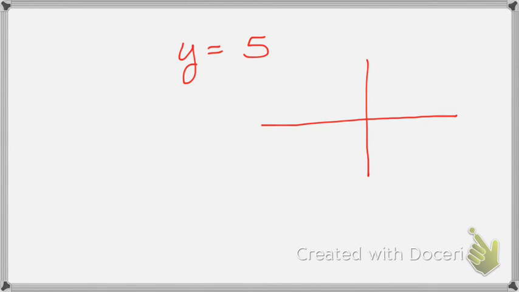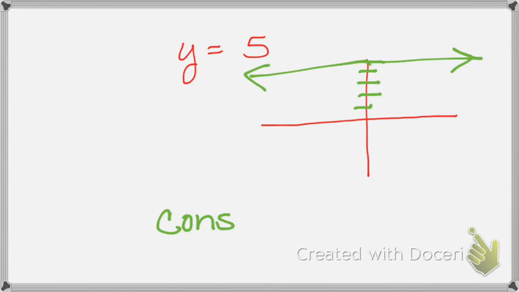Right? Let's do another one. Let's say we got y equals 5. If I've got y equals 5, that means what? It's just a horizontal line. So from negative infinity to positive infinity, I'm not increasing or decreasing. I'm just staying constant, right? So this one you're going to choose constant. Where is it constant?